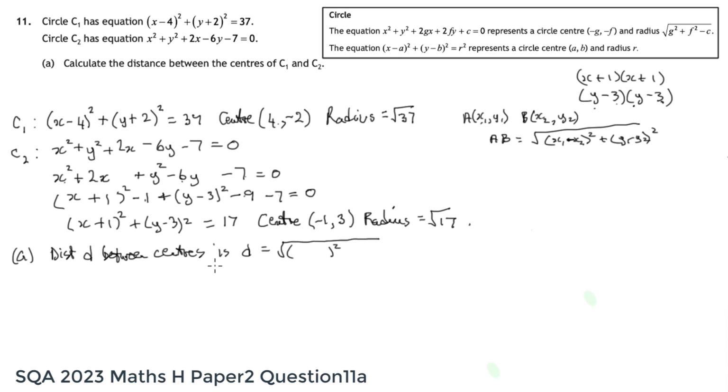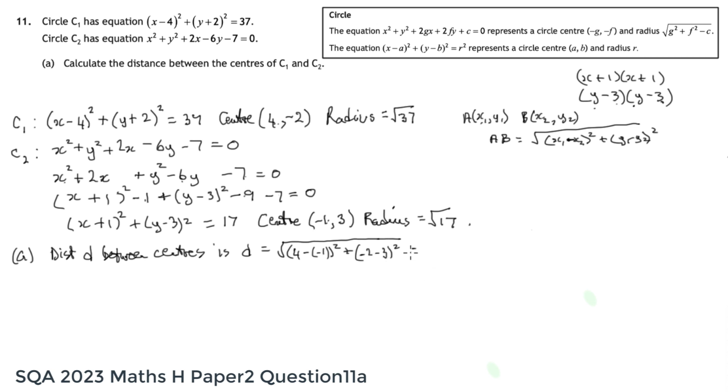Let's look at that. Now, there are the two centres. 4 minus -1 plus the y difference squared, -2 minus 3.